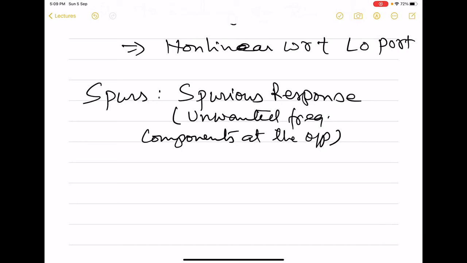The output. So we saw that both the switch-based and non-linearity-based mixers will create a very large number of unwanted frequency components.